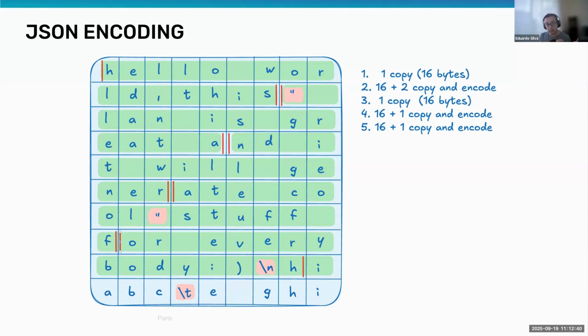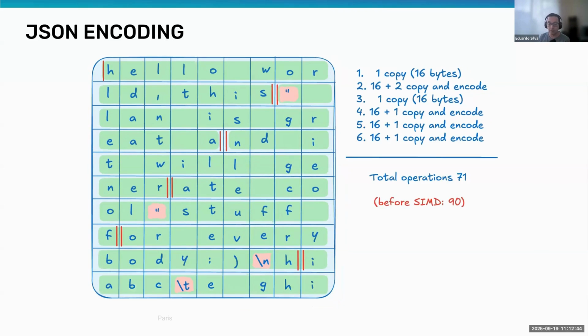Otherwise, the optimization is just to copy the 16 bytes in one row. So in total, with this mechanism, with this text example that is kind of normal, not optimized for a better result for this presentation, you might end up with 71 operations in total. Just a general overview. But before using SIMD, there were around 90.